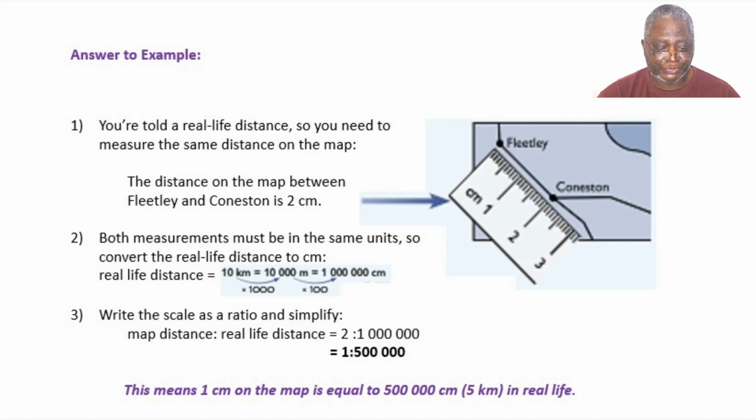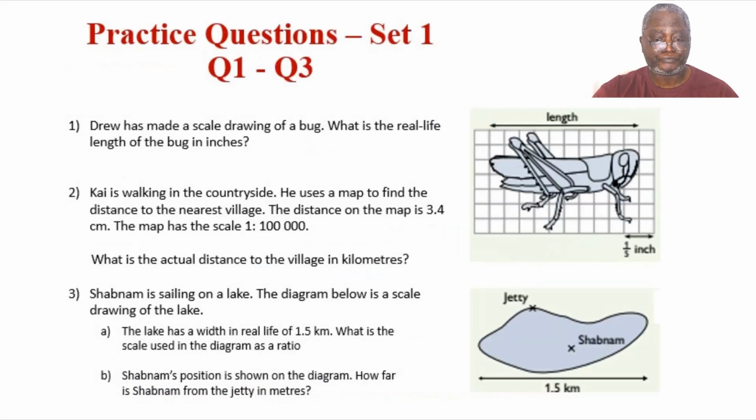The map distance to real life distance is 2 to 1,000,000, which is equal to 1 to 500,000. This means 1 centimeter on the map is equal to 500,000 centimeters, or 5 kilometers in real life.